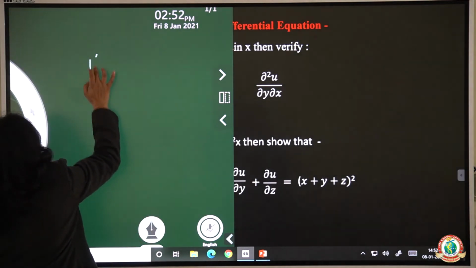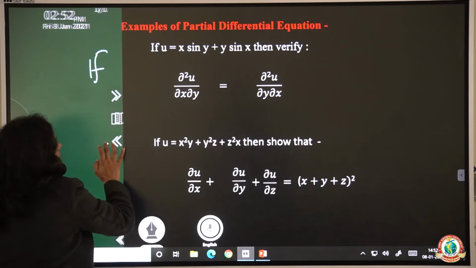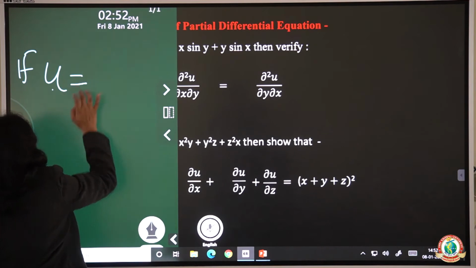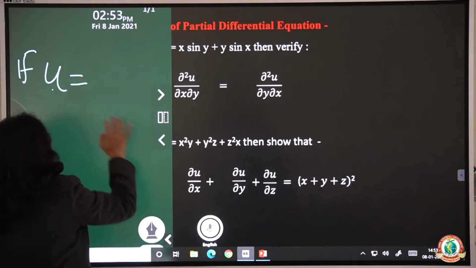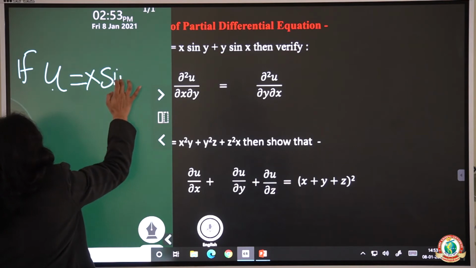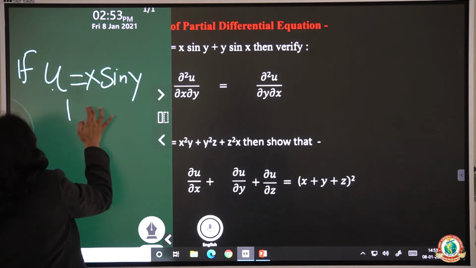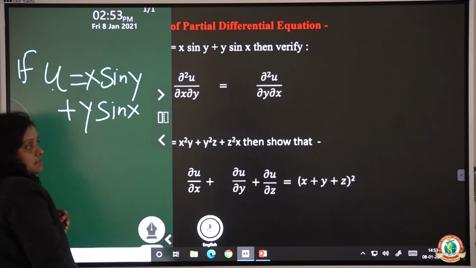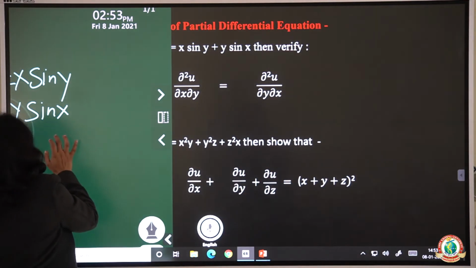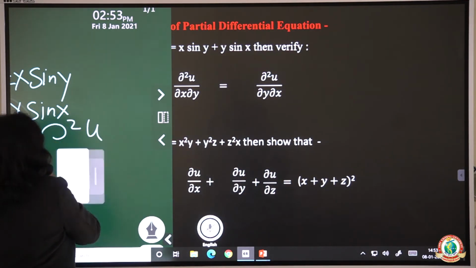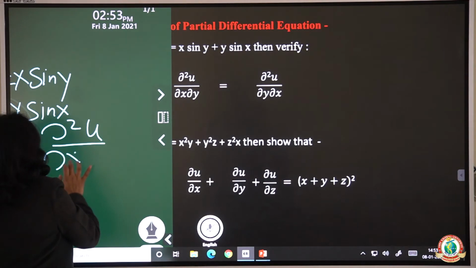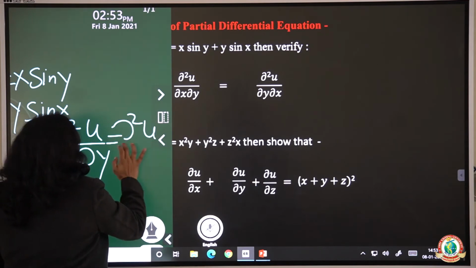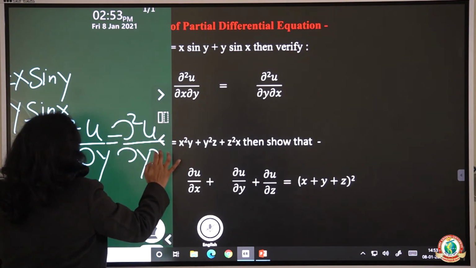If u is equal to x sin y plus y sin x, then we prove that del 2u by del x del y is equal to del 2u by del y del x.